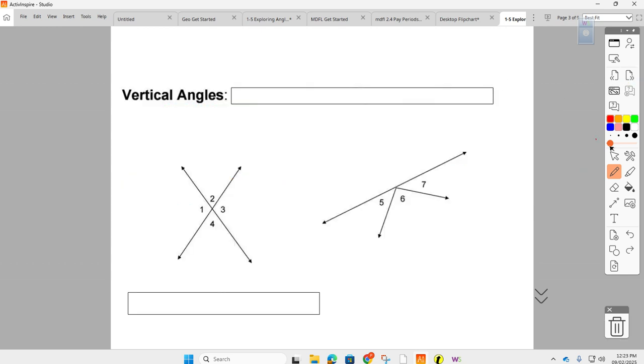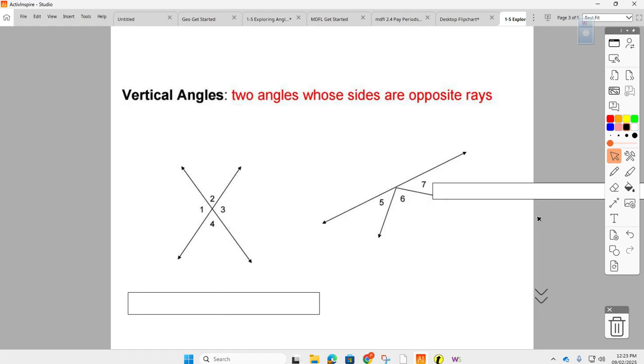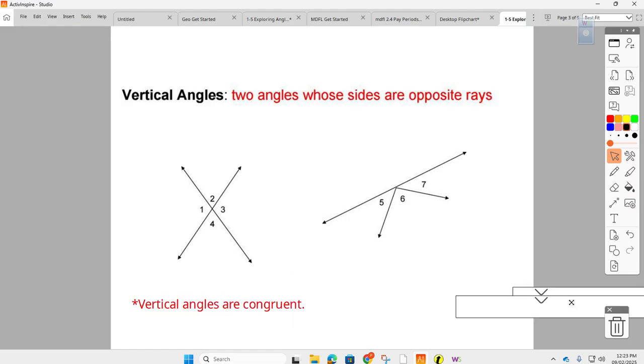Vertical angles. Two angles whose sides are opposite rays. So both sides have to be opposite rays. And make sure you write that vertical angles are congruent. Remember, angles that are congruent have the same measure.